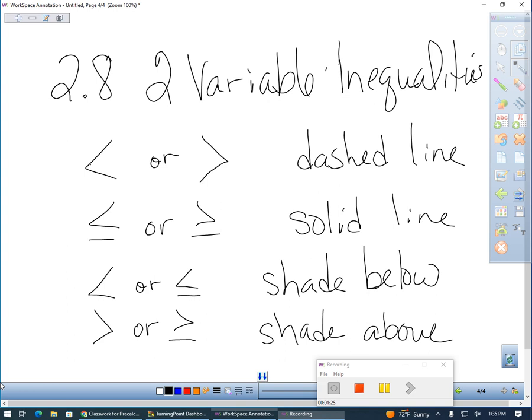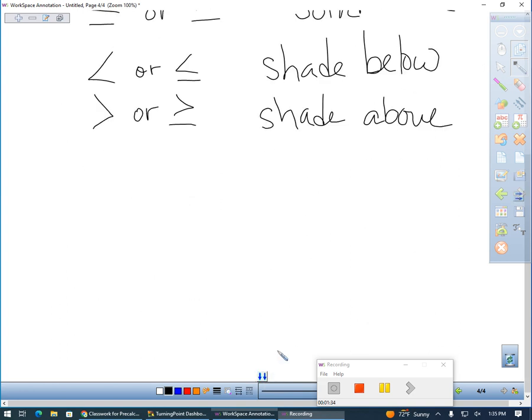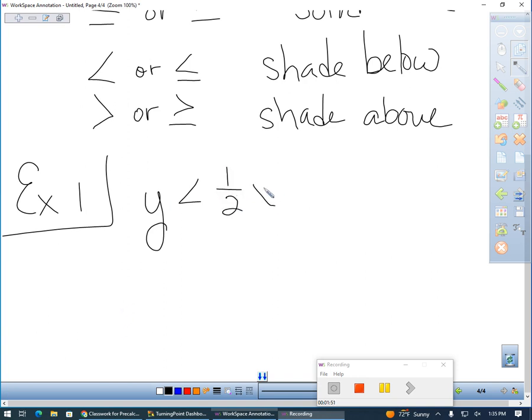All right, so here we go. Example number 1. Let's say I have, start off with a really easy one. y is less than 1/2 x plus 4.